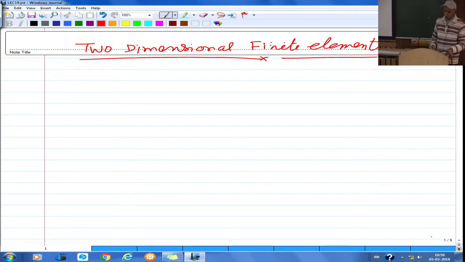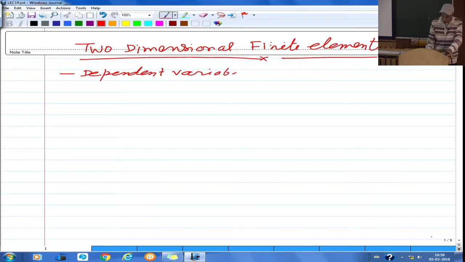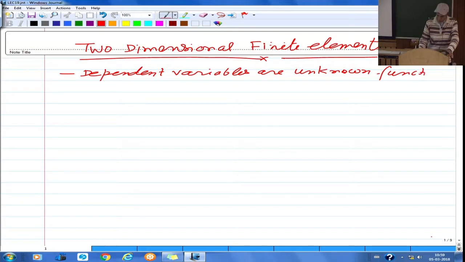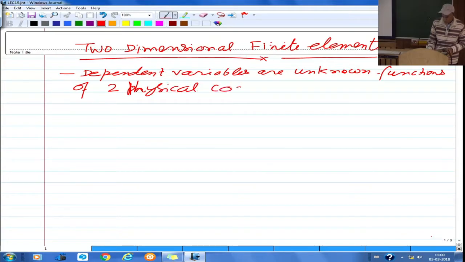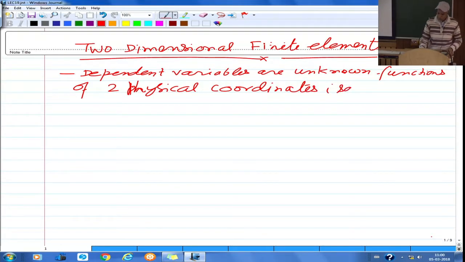Here, when you say two-dimensional, the meaning is that the dependent variables are unknown functions of basically two physical coordinates, say for example x, y.